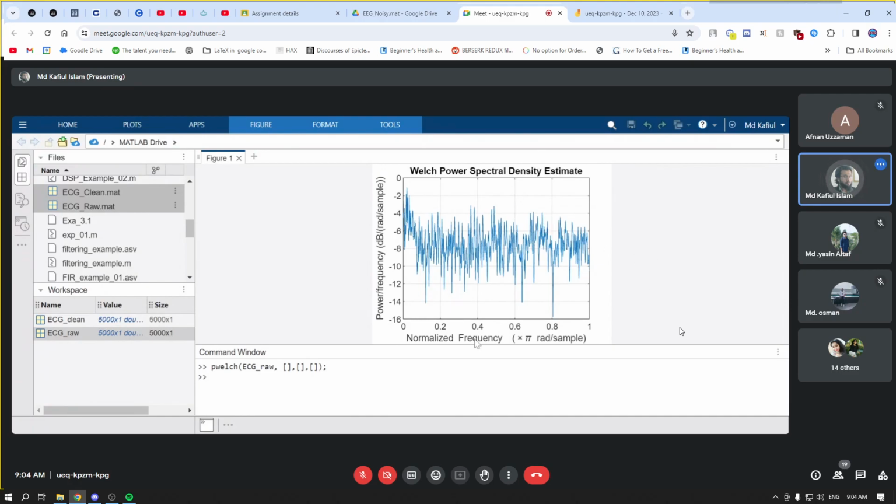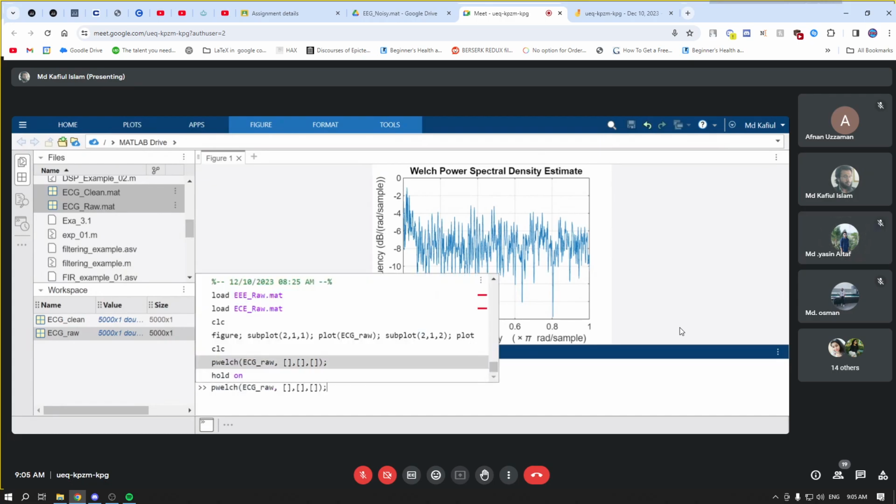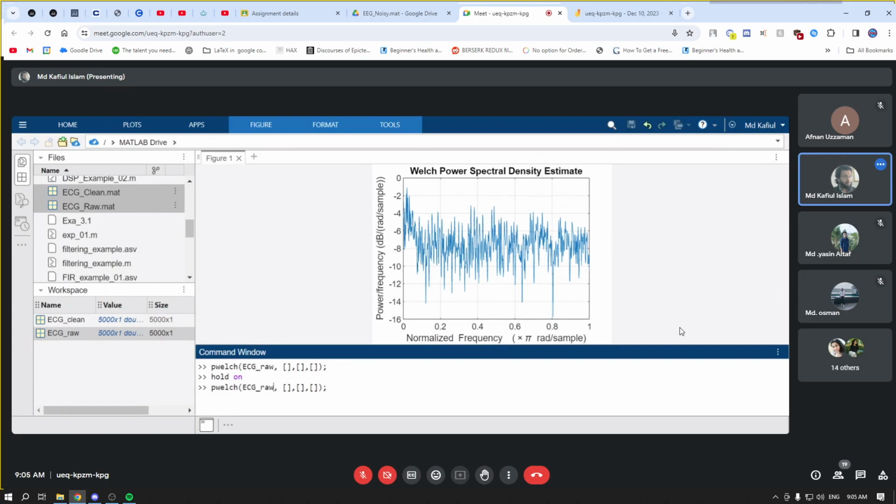Now this is your pwelch, or power spectral density, for which signal? Noisy or clean? It's noisy. So we also want to see how the clean signal looks, because we have to do the comparison, otherwise we will not be able to find out where the noise is, right?